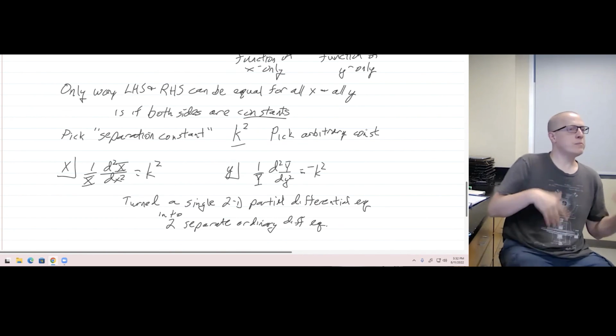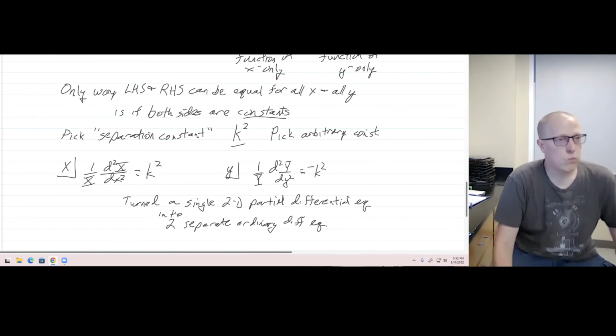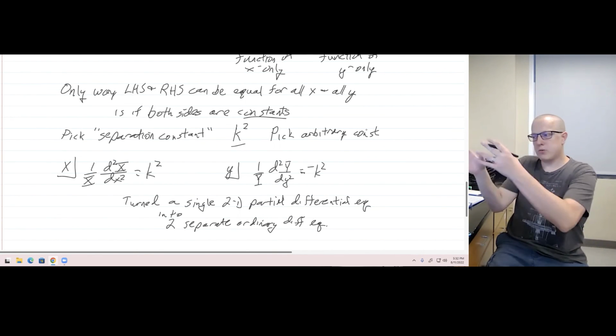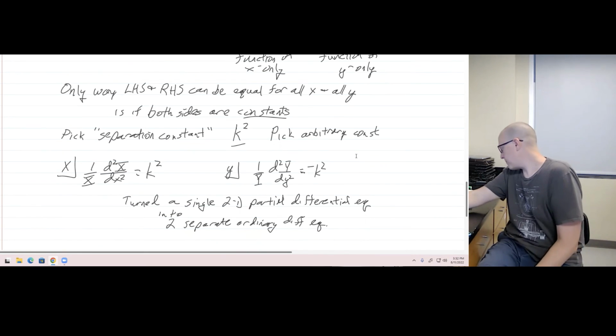Right? So ordinary just means there's only one variable, right? So the x one only involves x's, the y one only involves y's. Okay?